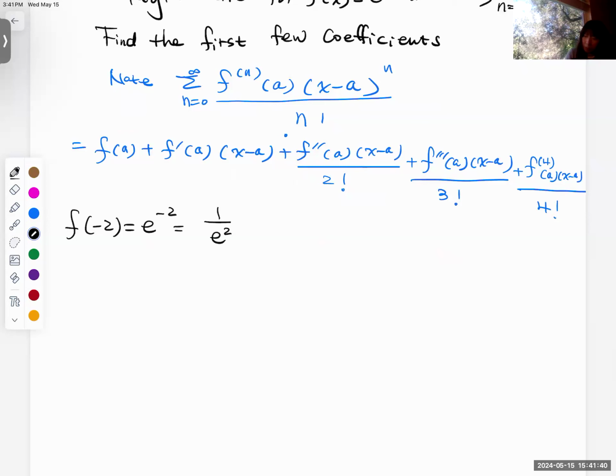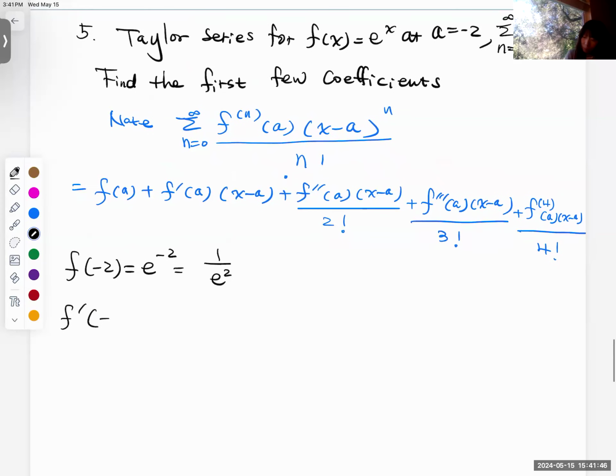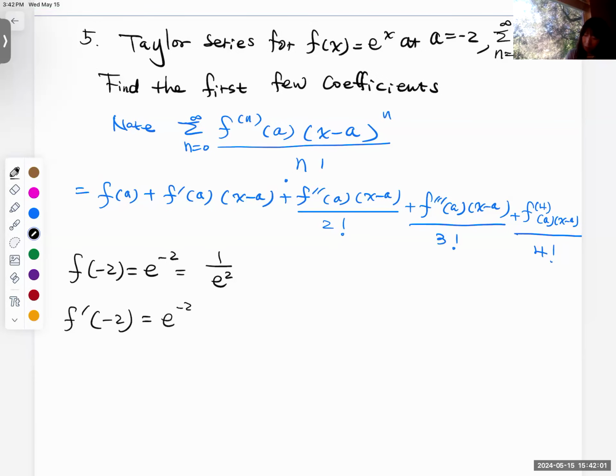Now f prime of a, which is the same, right? That's why I did not do f prime, right? So the derivative of e to the x power is e to the x power, so e to the negative 2, which is 1 over e to the 2, right?